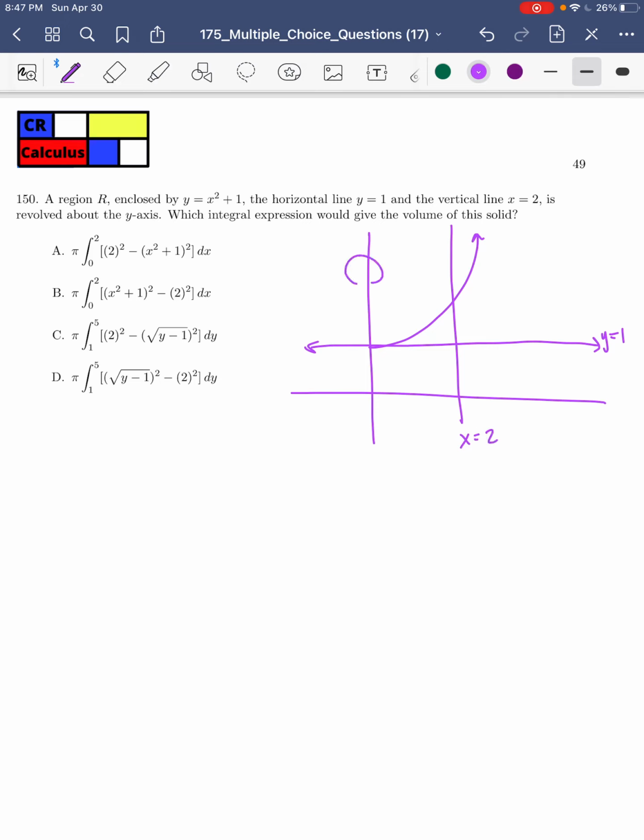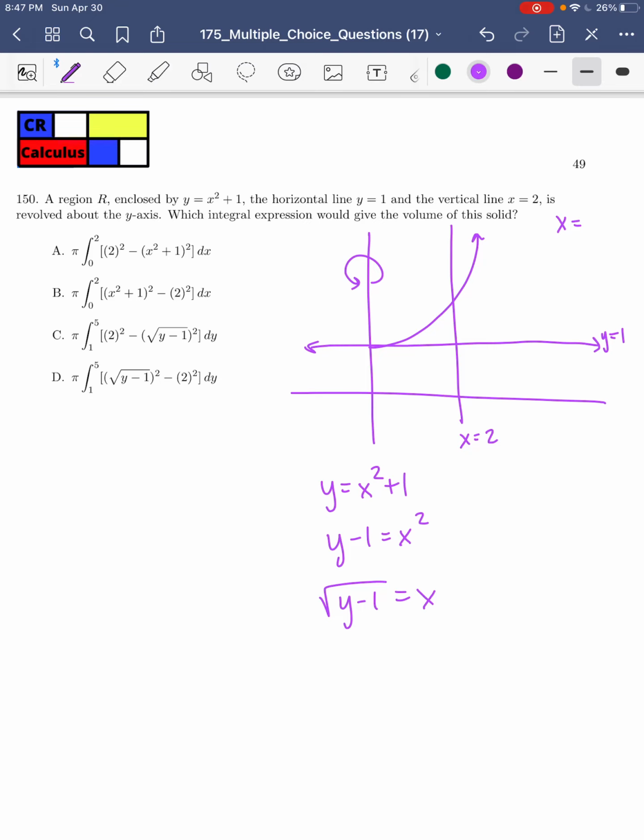And this is going to be revolved around the y-axis. So since we're revolving around a vertical line, I need all of my equations to be basically x equals. So if I change this one, y equals x squared plus 1 becomes y minus 1 equals x squared, to square root of y minus 1 equals x.